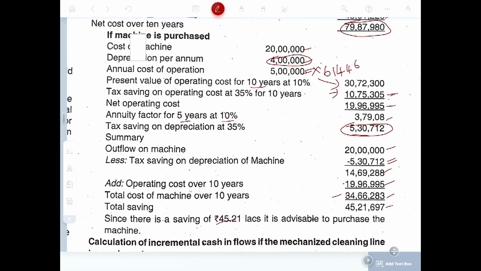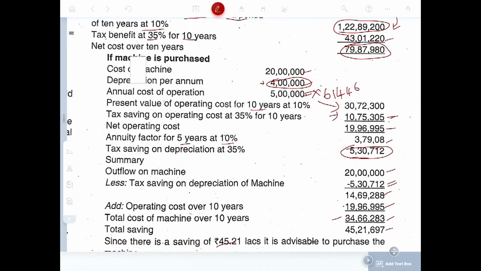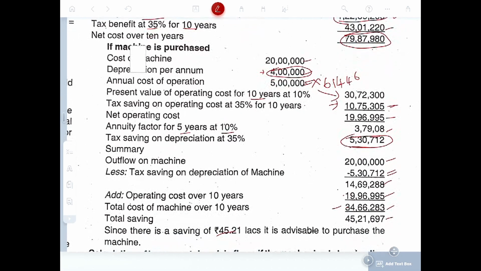Depreciation 4 lakhs. 4 lakh divided by 1. 3 lakh 36,000. 2 lakh 70,000.